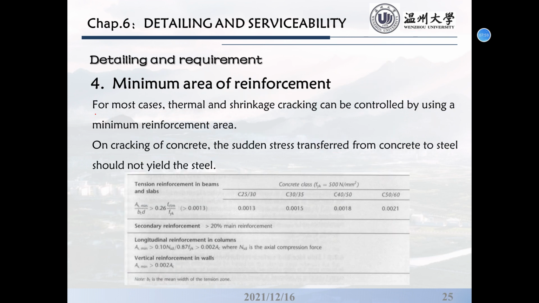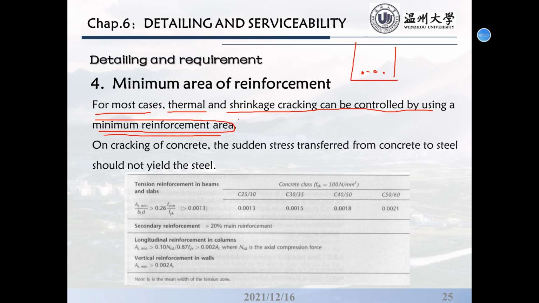What else is, for most cases, the thermal and shrinkage effects can be controlled by using the reinforcement area. So if we use more steel bars, the bond stress is strong in the beam. That means it will restrain the structure's shrinkage, so it's good for the beam. So consider the effect.